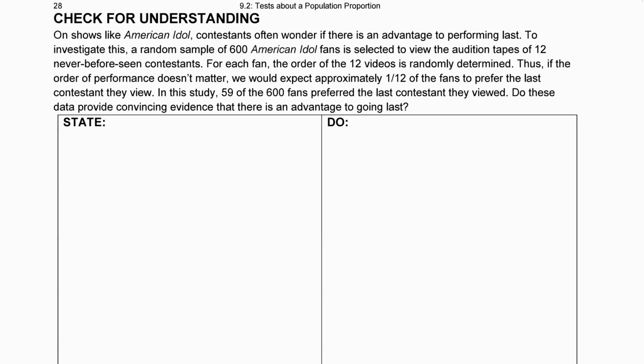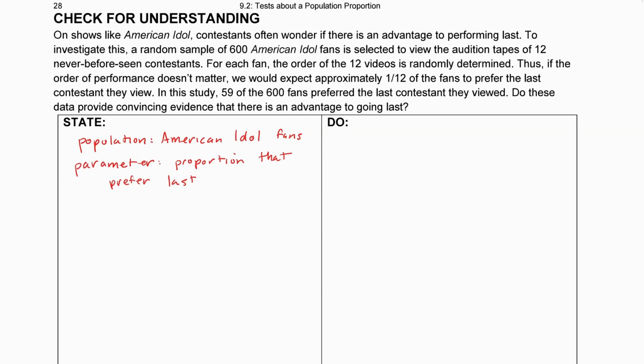Well, again, since this is an inference procedure, let's start by talking about what is the population and what are we measuring about that population. The population in this case is American Idol fans. And the parameter of interest is the proportion that prefer the last contestant.